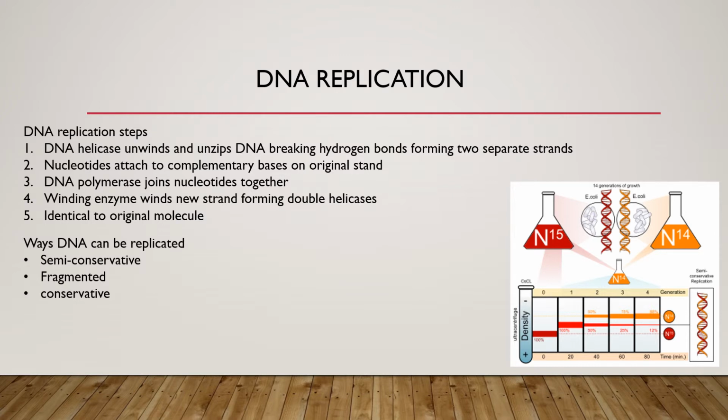Basically you would obtain two bands. As nitrogen 14 and nitrogen 15 have different densities due to their mass numbers, nitrogen 15 is heavier, so it'll be at the bottom, and nitrogen 14 is lighter, so it'll be at the top. In the beginning, you'll probably have a 50-50 split of nitrogen 15 and nitrogen 14.